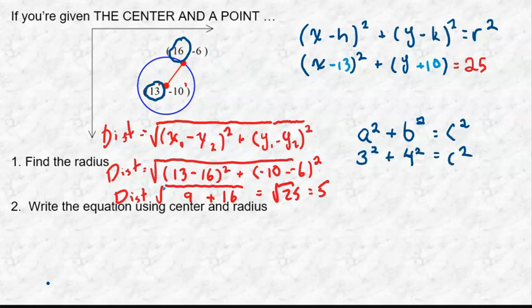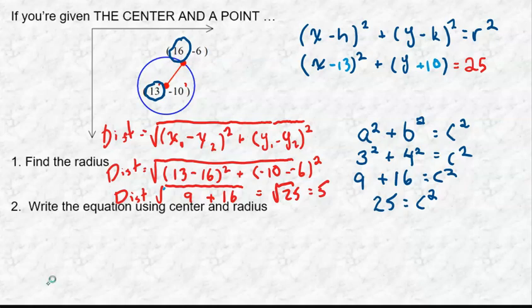Now I have the c squared. Now you should immediately notice some parallels between the distance formula and the Pythagorean theorem. But this time, I don't have to square root anything. The 25, or r squared, appeared on its own.